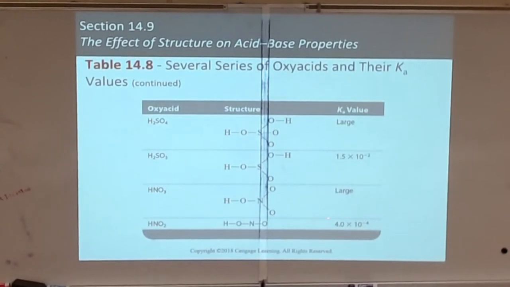Notice how nitrous is a weak acid. Nitric is a strong acid. Sulfuric. Yeah. So the sulfuric acid, strong, sulfurous acid, weak, although not really that weak, but okay.